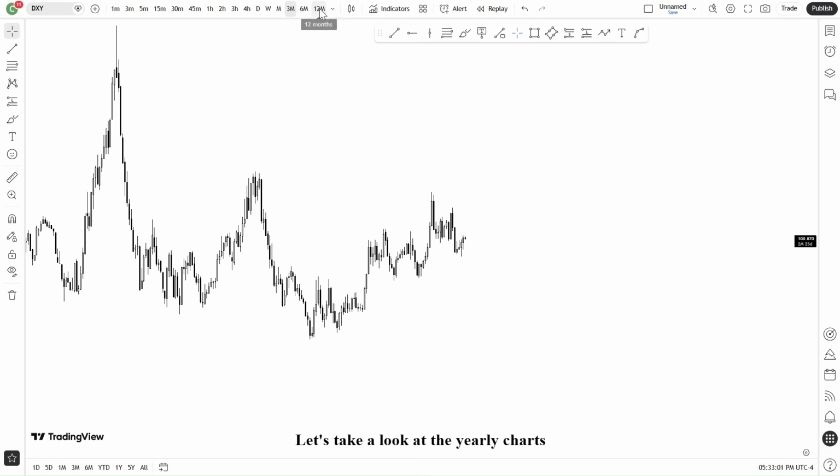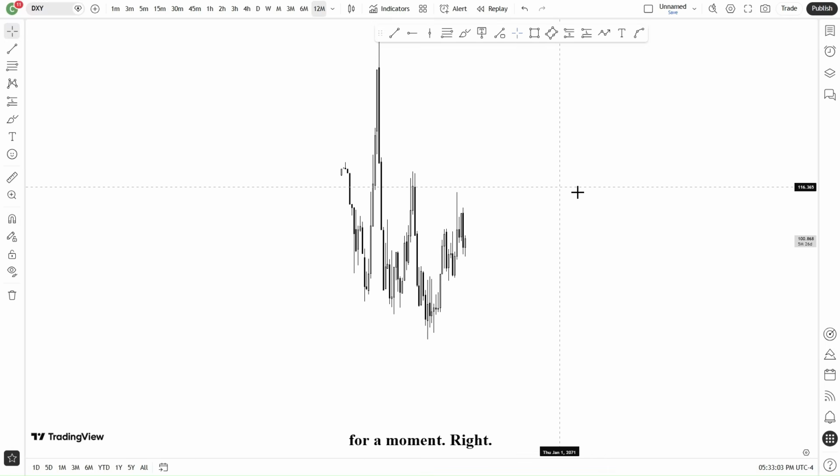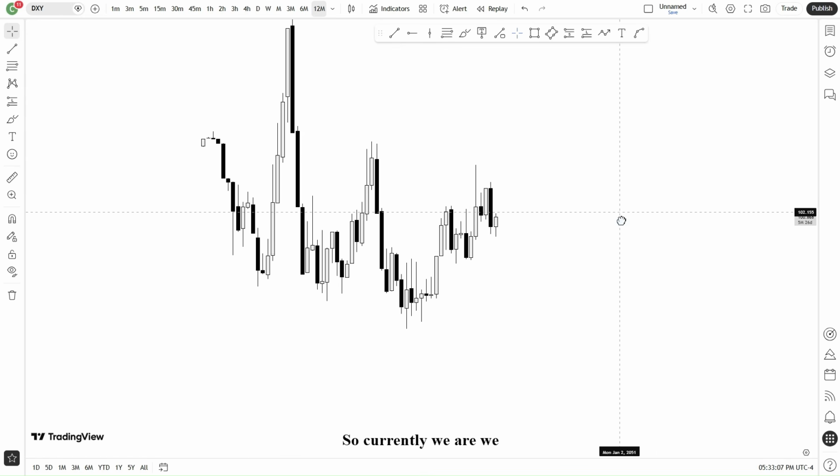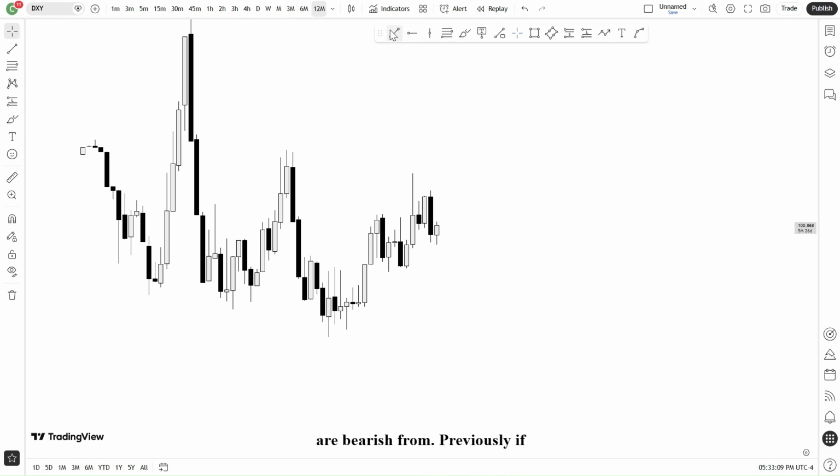Let's take a look at the yearly chart for a moment, right? So currently we are bearish from the previous leap year. If you look at the leap year, it tapped into this particular high, 2022, right? So currently we are bearish.